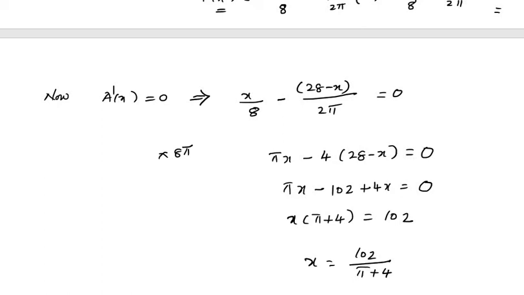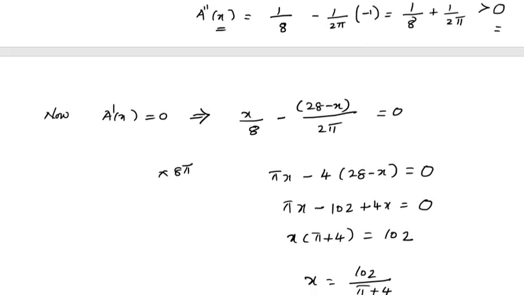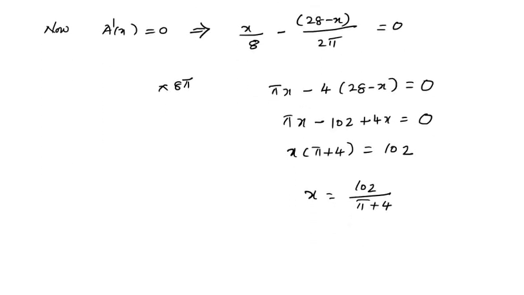Already we have proved a double dash of x is greater than 0. Therefore, we need not show once again that this is positive.